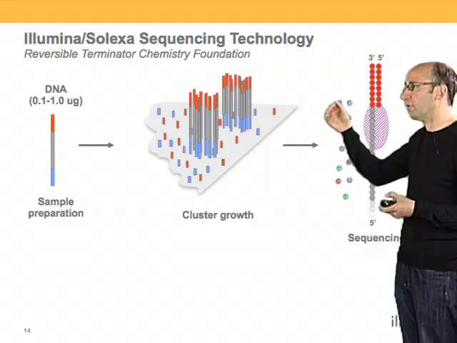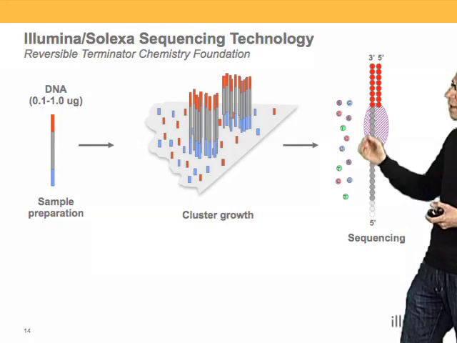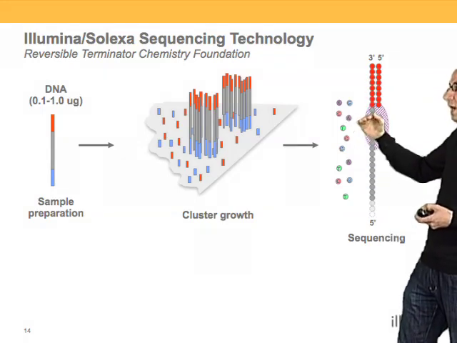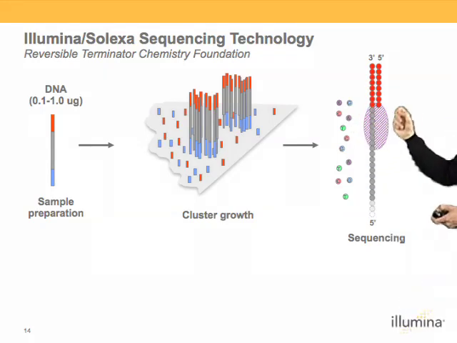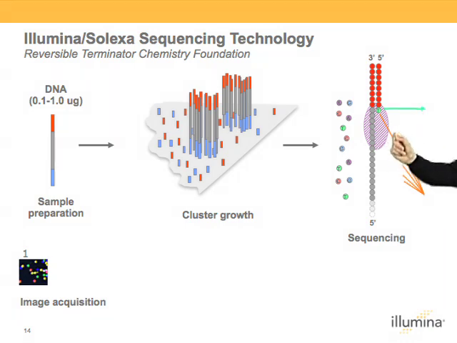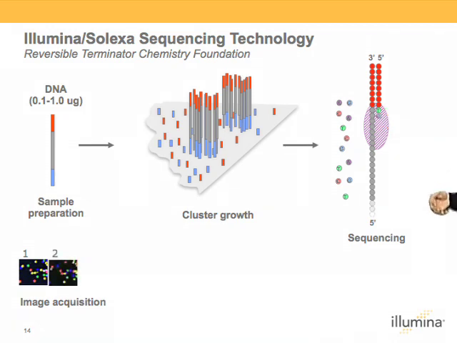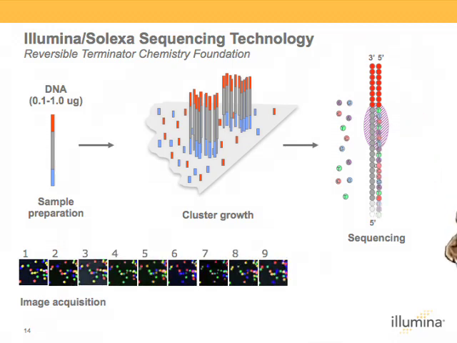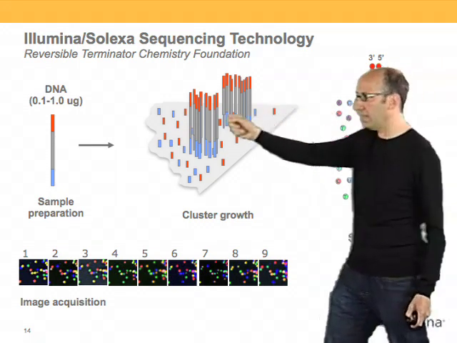One would come in with a different color for A, C, G, and T, and one cycle at a time, introduce the nucleotide into the DNA, and then use a laser to read out the color of the spot indicating the nucleotide at that position, and then repeat this a second time to get the nucleotide at the second position, and go on repeating it tens or hundreds of times to get the entire sequence of the DNA in the individual cluster.